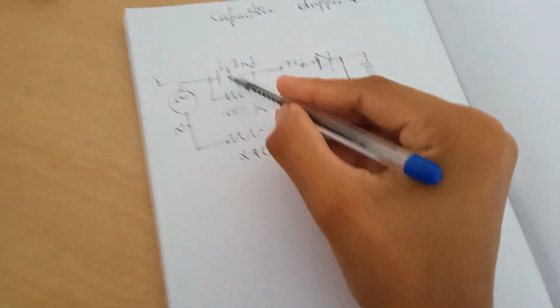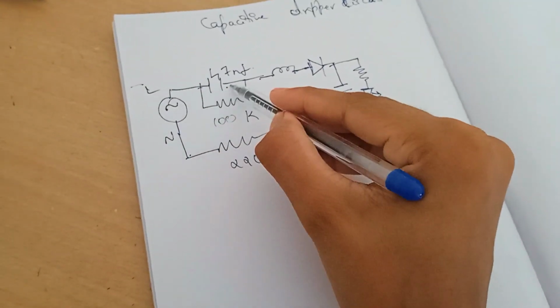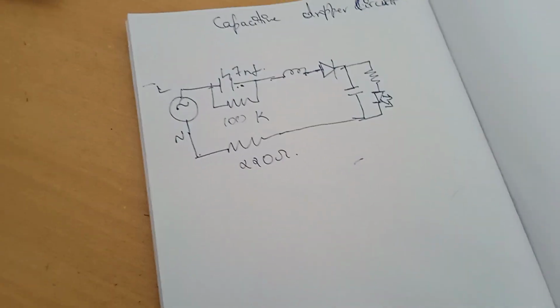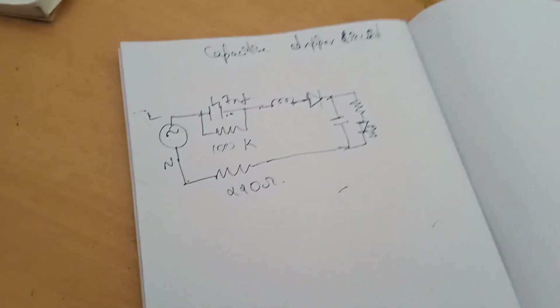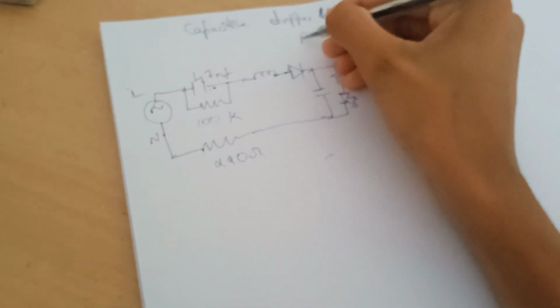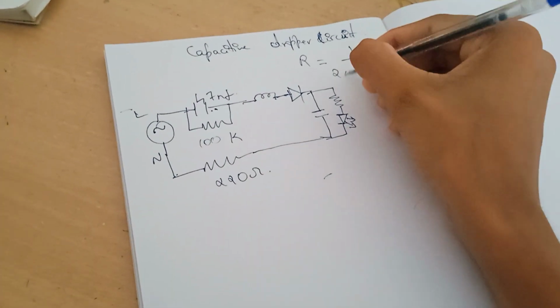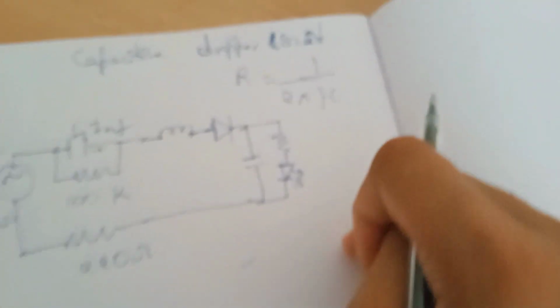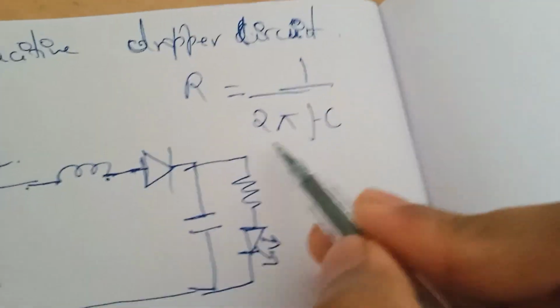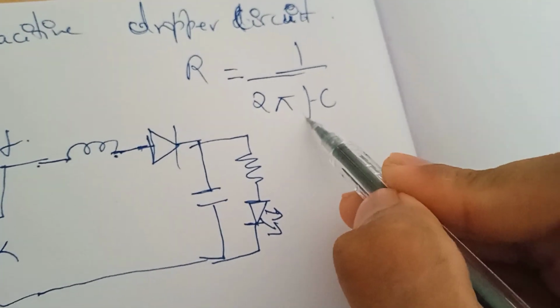Before that, I have to explain the circuit. This capacitor offers a capacitive reactance, which is equal to 1 by 2 pi fC. Here f is the frequency of the AC we are using.